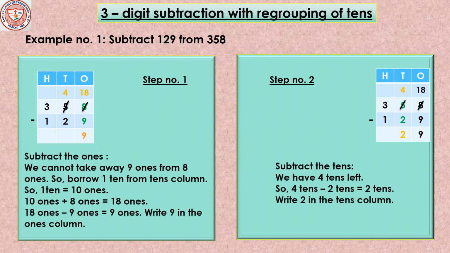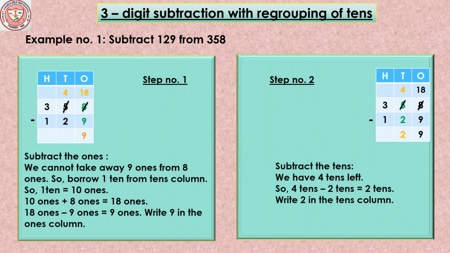Example number 1. Subtract 129 from 358. So, how will we solve this problem?